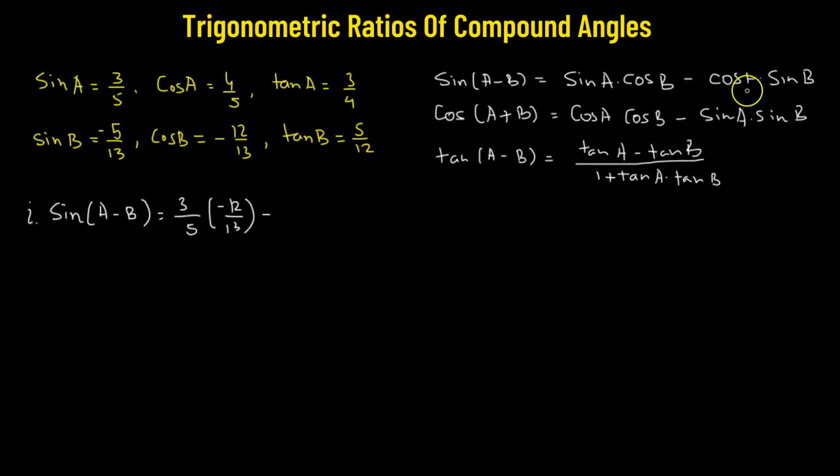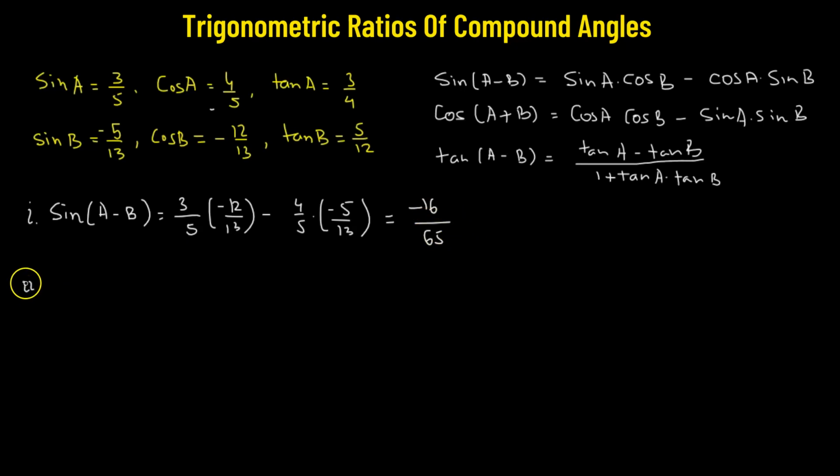Minus the second term, cosine of A times sine of B. So cosine of A, that's positive 4 over 5, multiplied by sine B, which is negative 5 over 13. So that's a very simple calculation. When we solve this, we get the value negative 16 over 65.